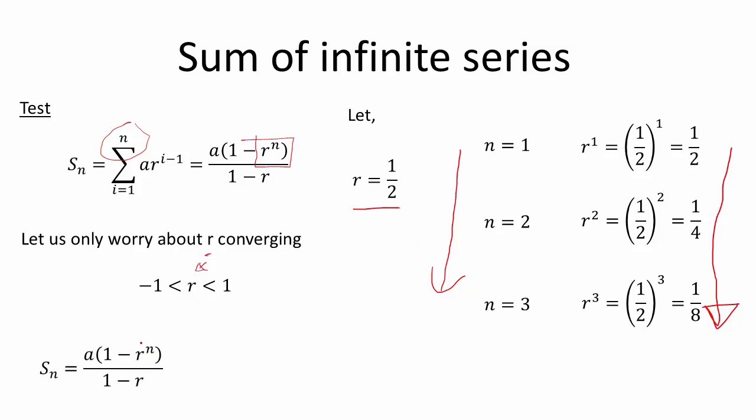So now, what happens is, as n tends to infinity, that is just to say, as n gets bigger. We're drawing our infinity here, which is our sideways 8. So what we said, as n tends to infinity, as n gets bigger, r to the power of n tends to 0.